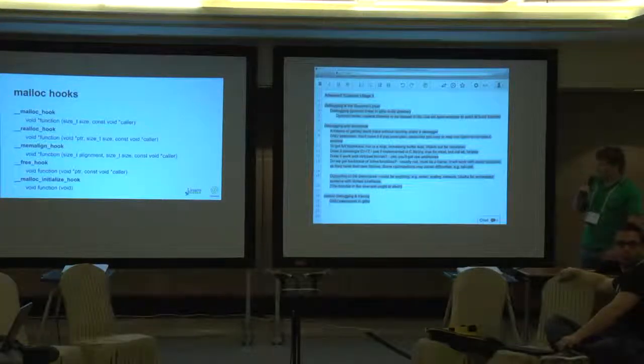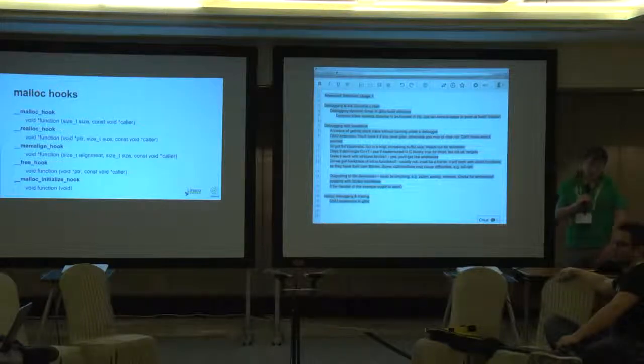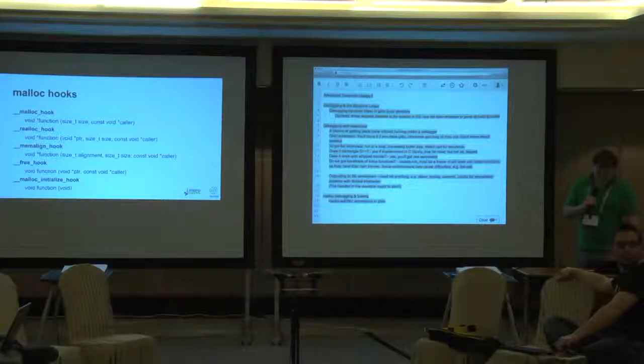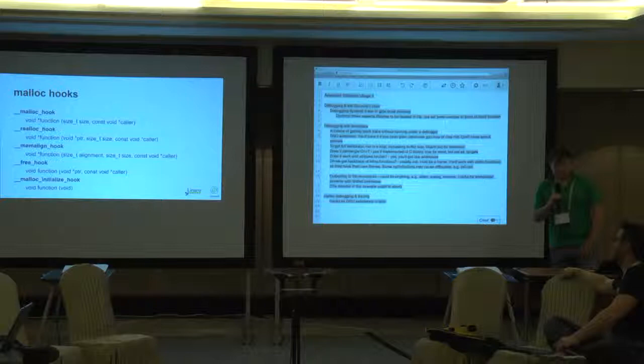This is just a list of them here, so it covers pretty much the whole range. The memalign hook is called for a bunch of aligned allocation functions like valloc and pvalloc as well. As you can see, they all take a void pointer, which is the pointer to the call site, so that's very helpful if you're going to do some logging or backtracing or whatever you want to do with it.